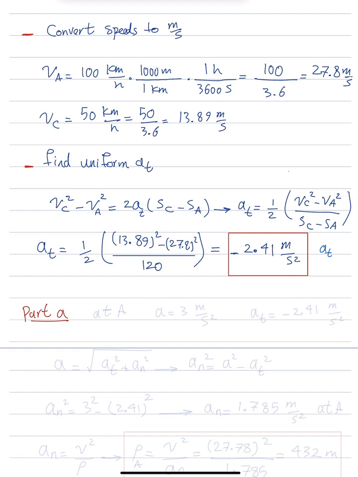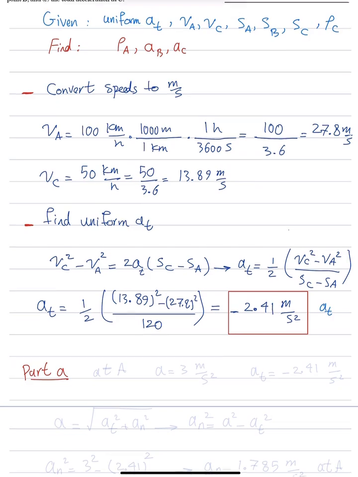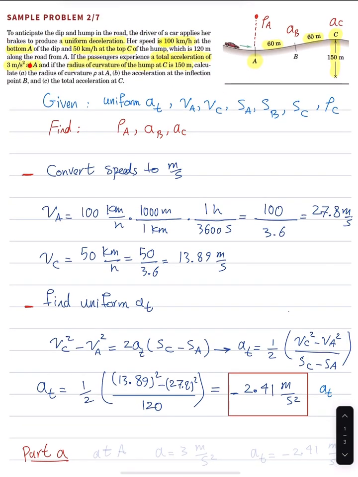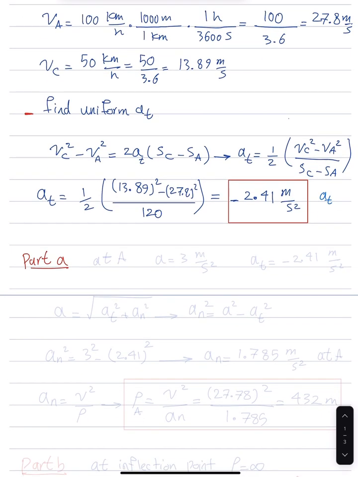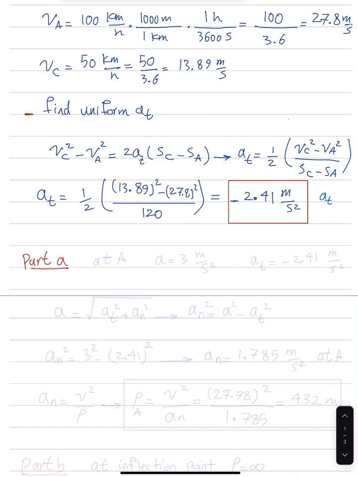So the radius of curvature shows up in AN, right? We know what total A is. It's given here as 3 meters per second squared.